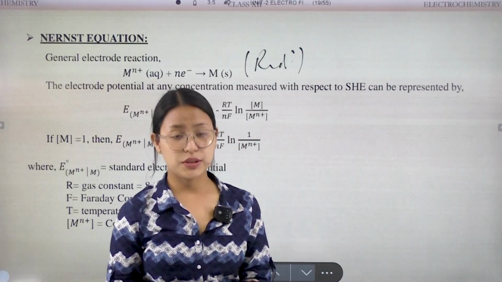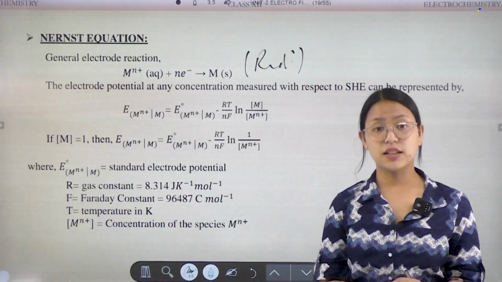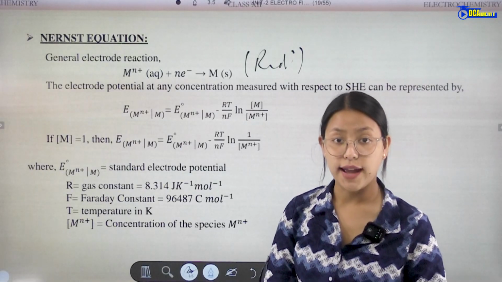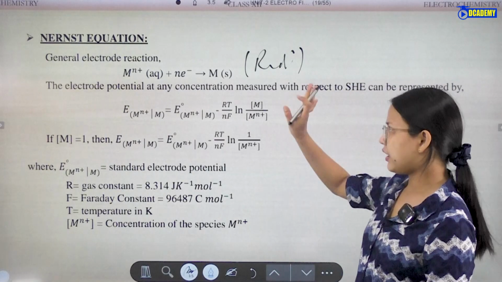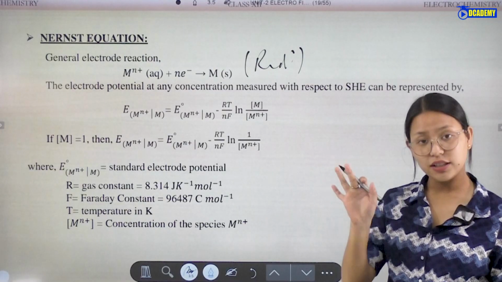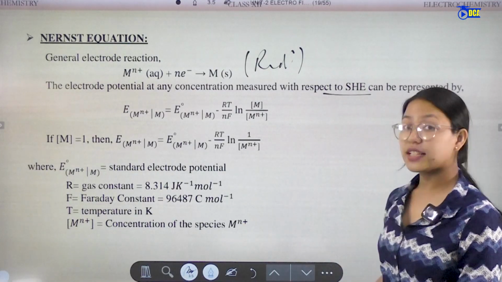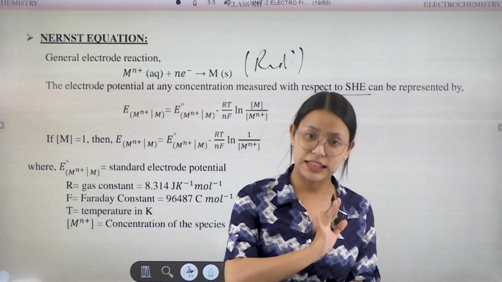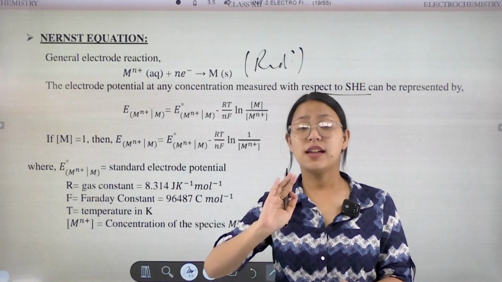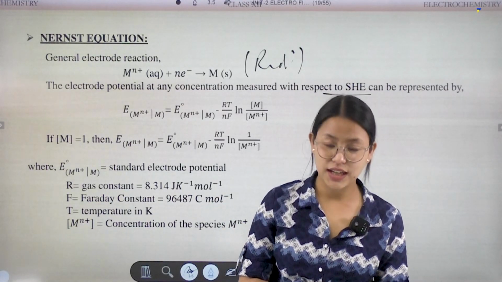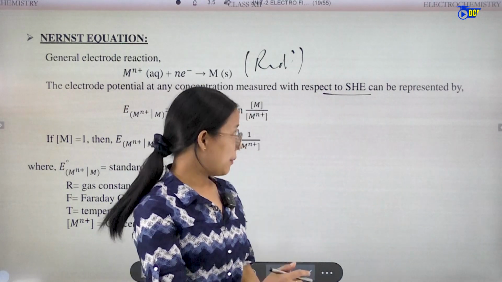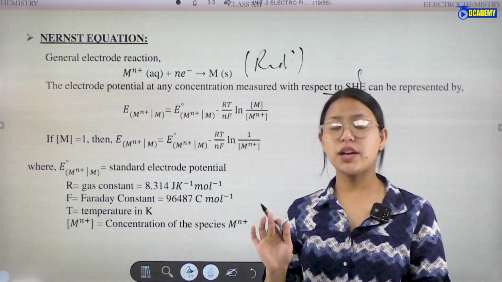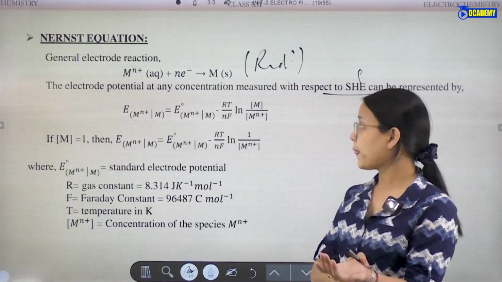Standard hydrogen electrode is taken as the reference, so the reduction potential is measured with respect to it. That means the standard hydrogen electrode is the left cell, the anode, with a value of 0, and we consider only the reduction half cell, the cathode.